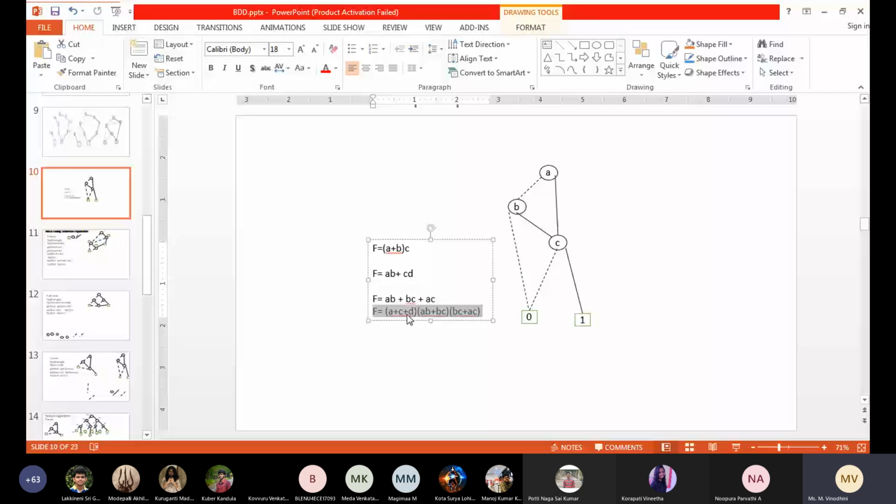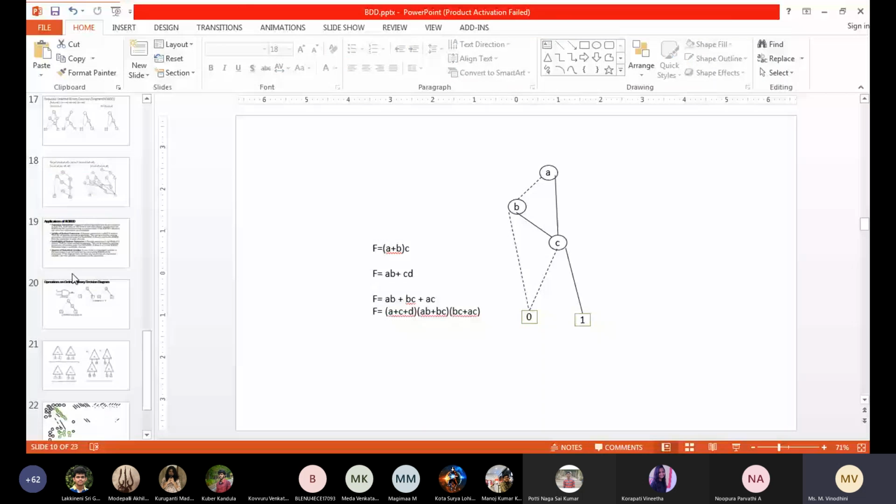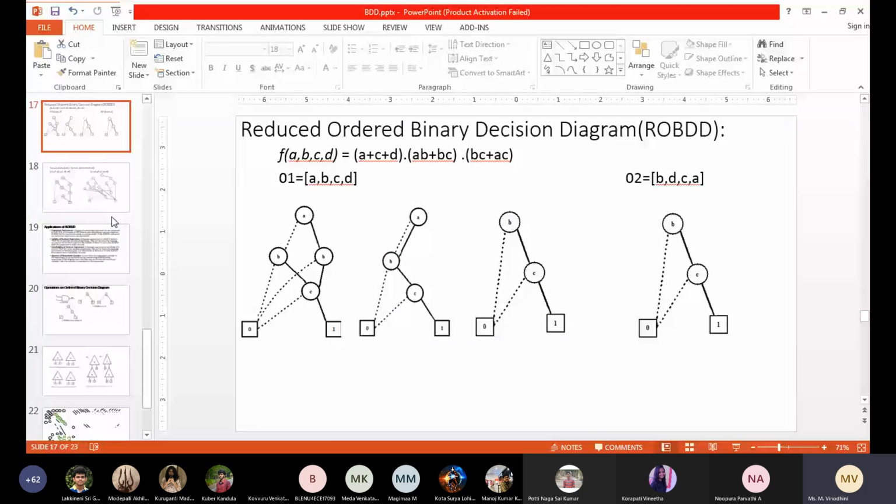Any expression you take, try to solve it using all the three methods. I will not further discuss these three methods. After the midterm, I'll start with one more algorithm we need to go through, the Apply algorithm. After that, I will move on to the next topics.